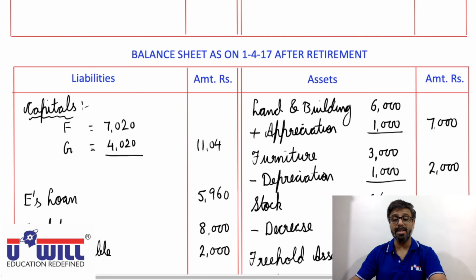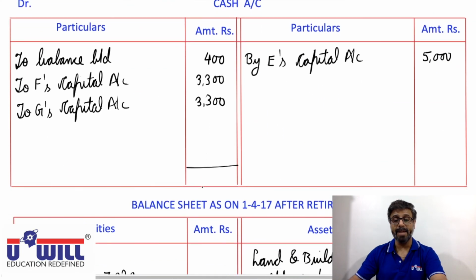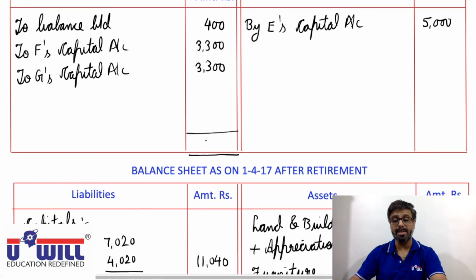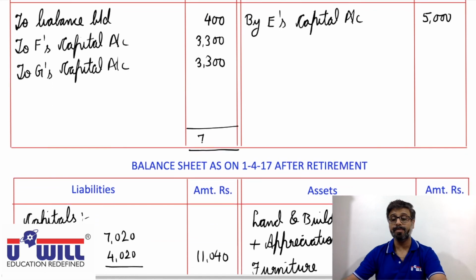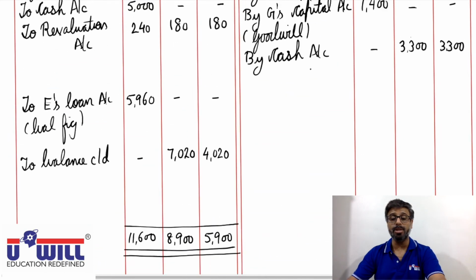Now cash balance we have to write on the asset side. So cash 7,000 is debit side total minus 5,000. What remains is 2,000, by balance carried down. And see what was the working capital required to be maintained? 2,000 rupees.